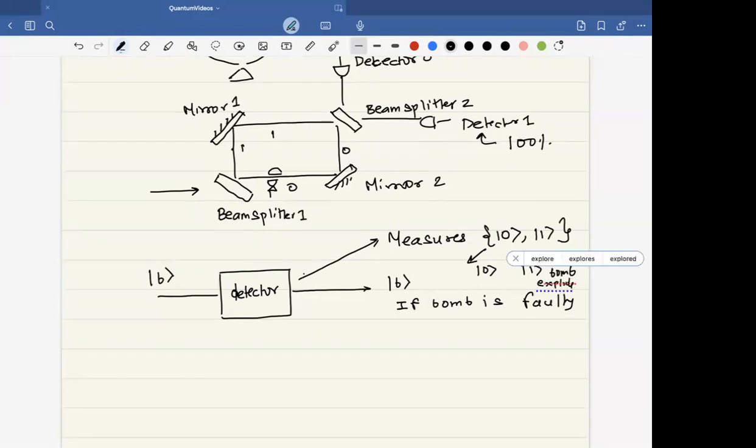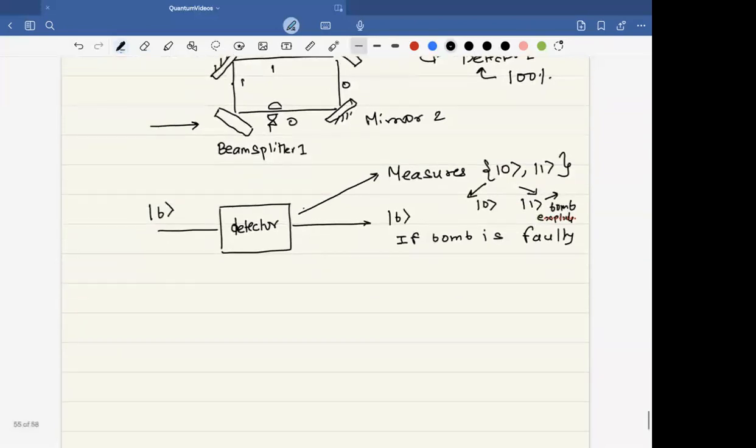And otherwise, okay. So this is sort of describing the situation that we talked about with the interferometer, right? So now what we are going to do is use this model of the detector to increase the probability of detection without exploding the bomb.